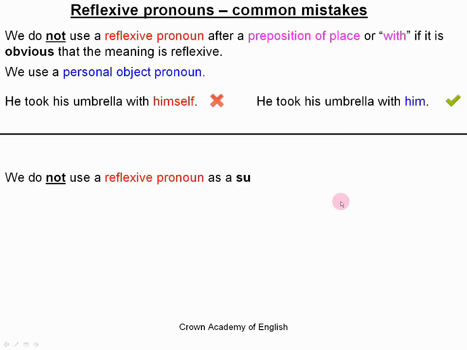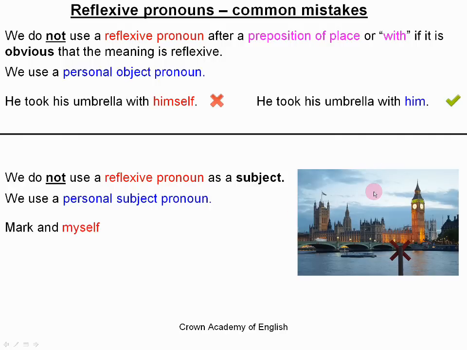A second common mistake is we do not use a reflexive pronoun as a subject. Remember, we said earlier that a reflexive pronoun is an object of the sentence. So we must never use it as a subject. So we must use a personal subject pronoun. Example: Mark and myself went to London.